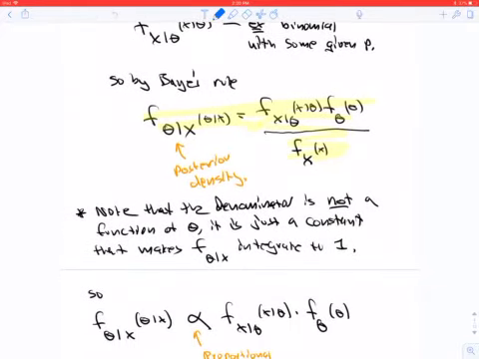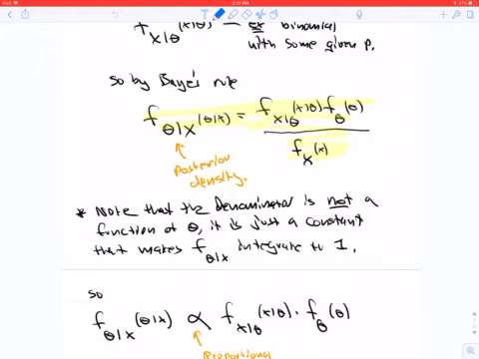It's important to note that the denominator in this Bayes' rule formula isn't something you hope to calculate, because it's just a constant. What we hope is that by multiplying the likelihood and the prior, we'll be able to recognize the variable part of that as some known density.